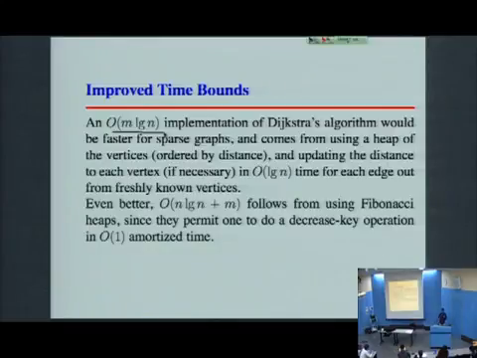And I can tell you there are even more macho data structures that will do better than this. The actual real way of engineering, exactly what Google does to engineer their shortest path algorithm, so they will give you these shortest paths for free. They put a lot of engineering into that, and there are several tricks involved. But bottom line, at the heart of it is presumably a Dijkstra-like algorithm.